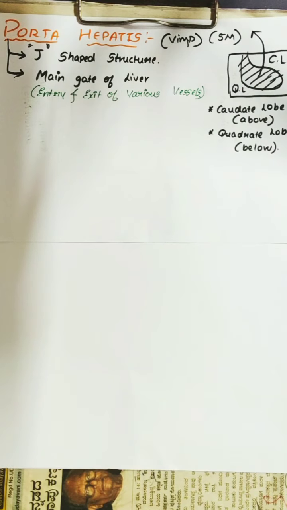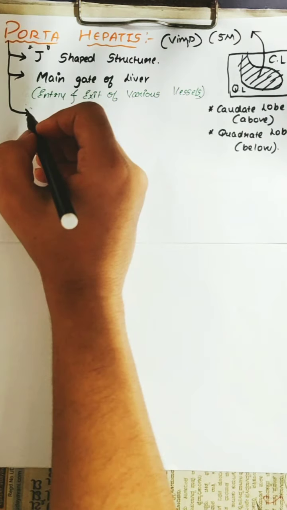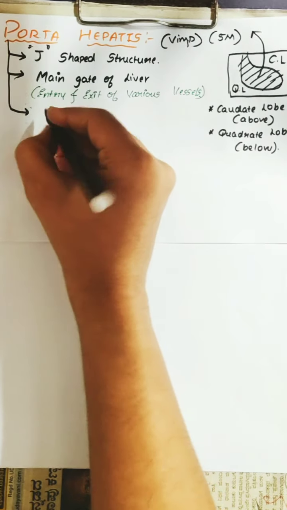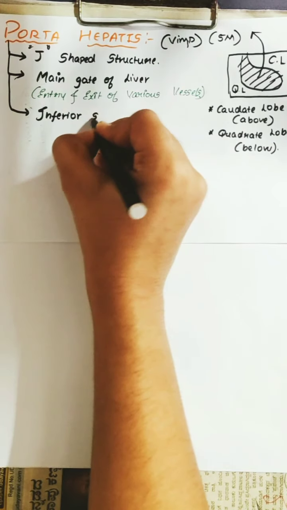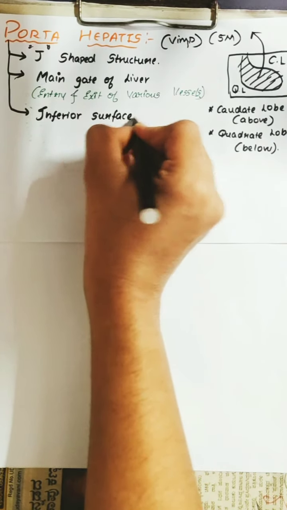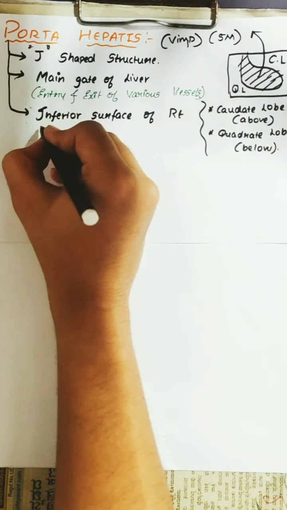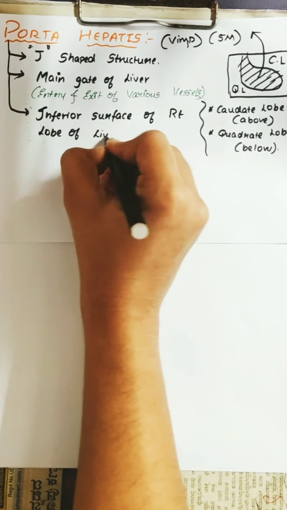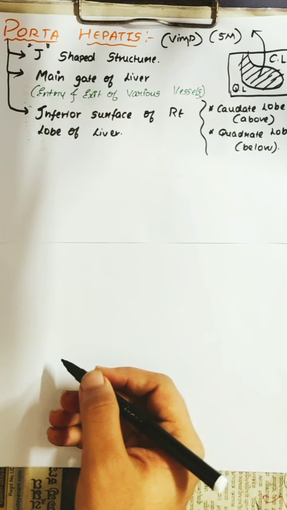Okay, now where is it located? It is located on the inferior surface of the right lobe of the liver. So its location, it is present on the inferior surface of the right lobe of liver.